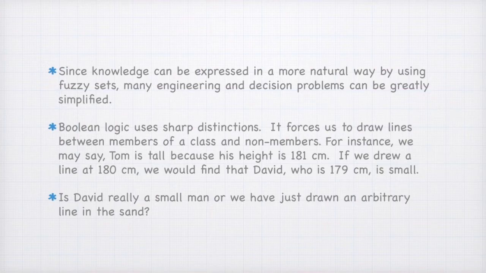If we drew a line at 180, we would find that David, who is 179 centimeters, is small. But if we think logically, David and Tom are just 2 centimeters apart. So is David really a small man? Or have we just drawn an arbitrary line in the sand? So we can see that having fuzzy logic helps us to represent things more naturally.